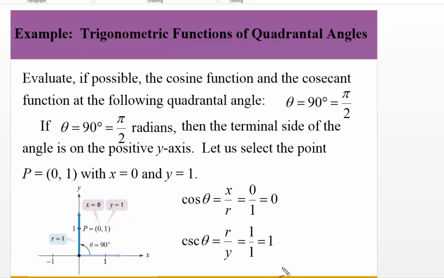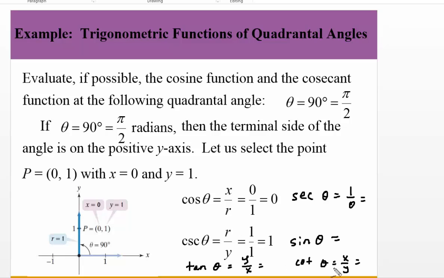And we might as well do the rest as well. All right, so watch out here. If the cosine of theta is 0, its reciprocal, or kissing cousin, the secant of theta, is 1 over 0, which is going to be undefined. Cosecant is 1, sine is 1. How about the tangent on this one?